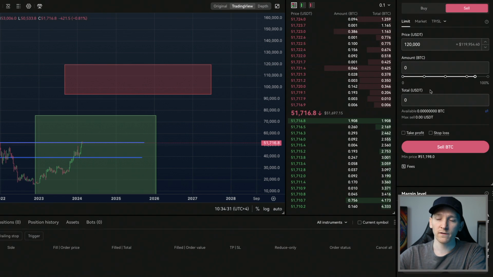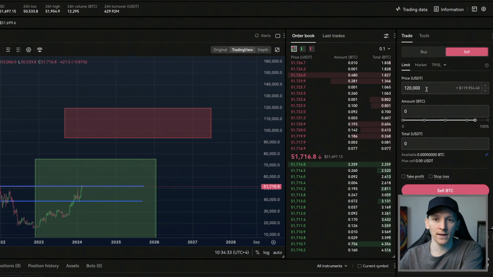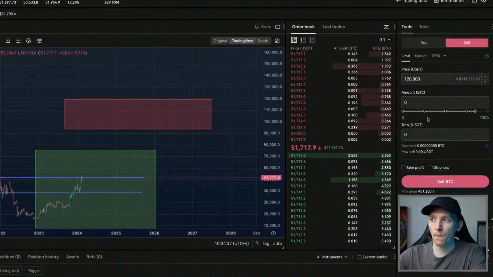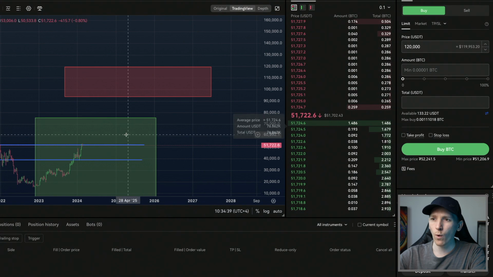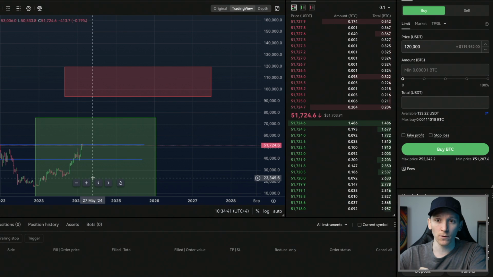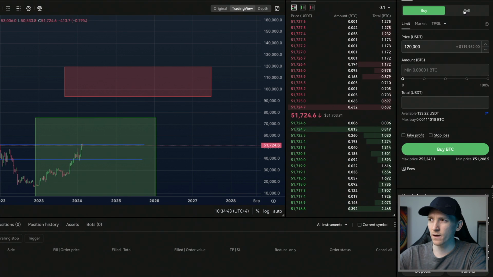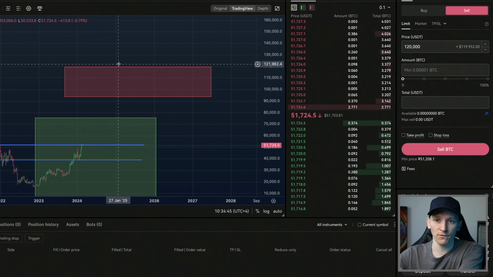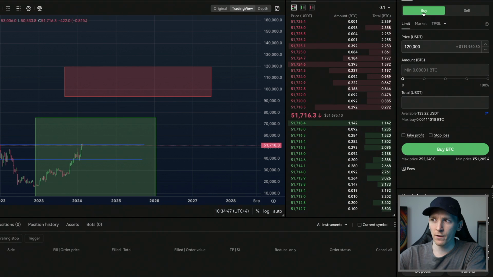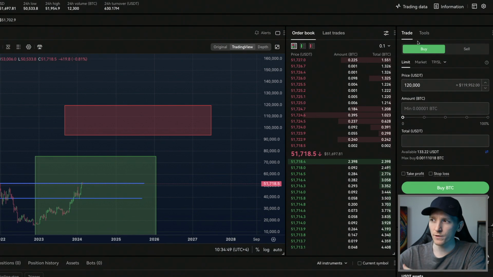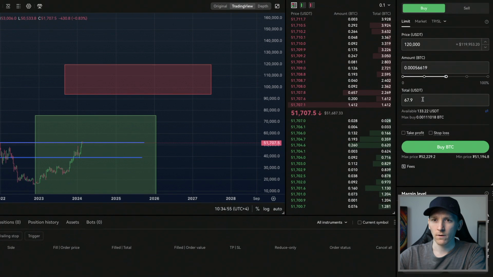With limit orders, you can only put them in away from the current price. If you're buying, away from the current price is below. And if you're selling, away from the current price is above. If you put in a buy order, a limit order for 120K, and you want to buy some BTC, I can press buy now.